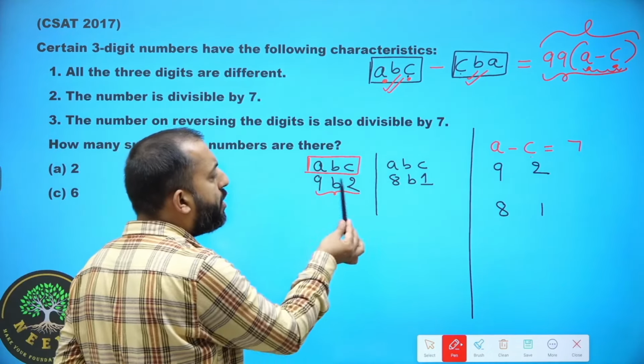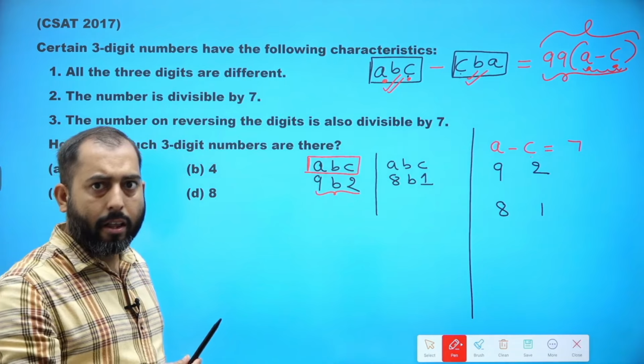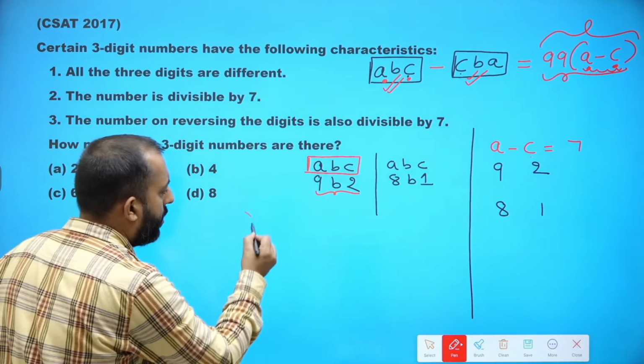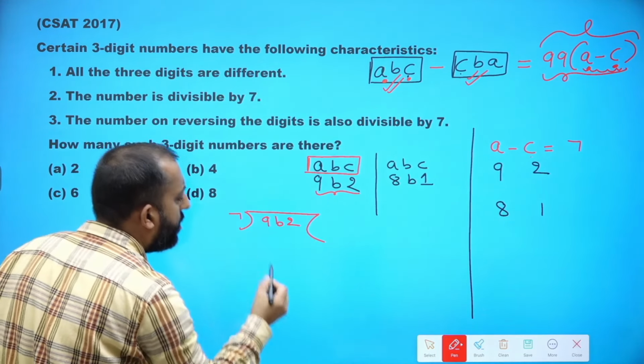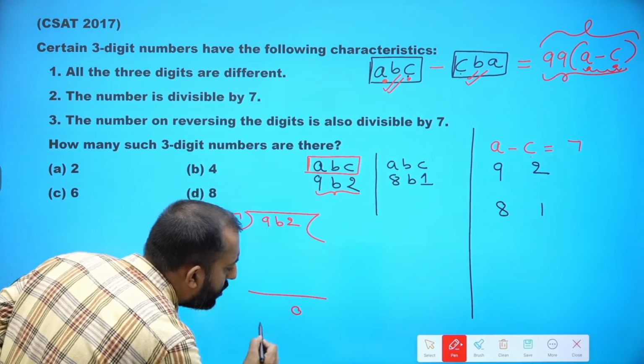If you divide 9B2 by 7, the remainder obtained should be 0 finally.